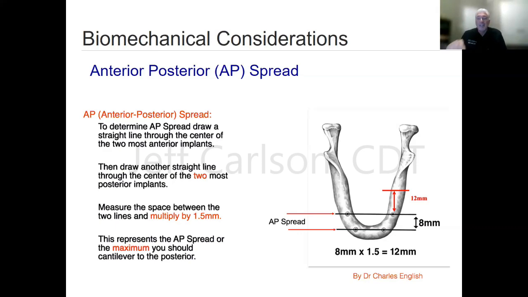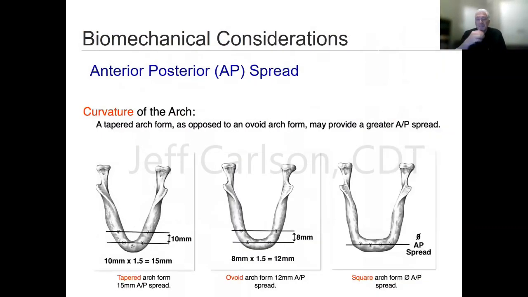And also think about this too, that the cantilever isn't necessarily to the last tooth. The cantilever is anything that extends past the last implant that has the propensity of a bolus of food, let's say a raw carrot, or something hard, catching the extension of the denture. That is a cantilever.